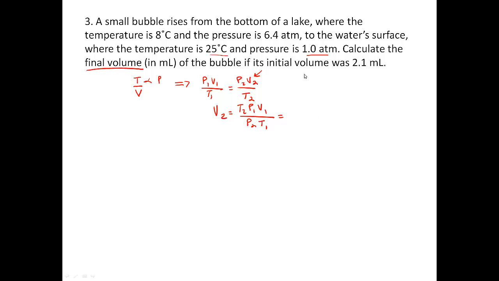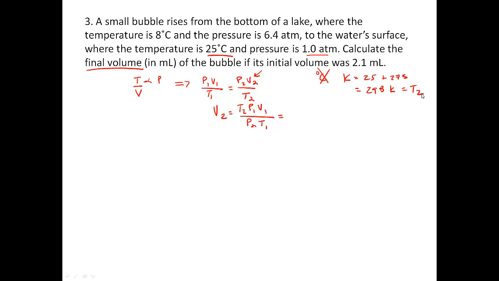Okay, let's go ahead and plug in. T2 looks like 25 degrees C. Remember, we can't use Celsius. Celsius is a big no-no. We've got to convert to Kelvin. Well, T2 in Kelvin is 25 plus 273. Remember that magic 273 number. We're looking at 298 Kelvin.